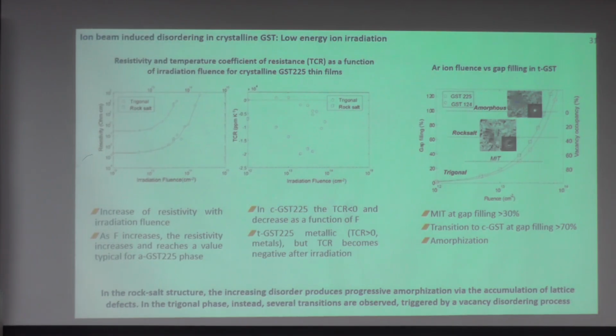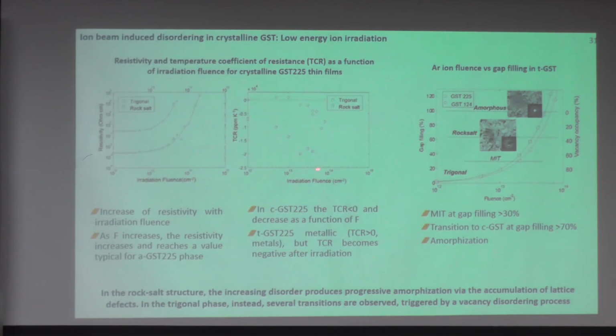Also we can observe the transformation from metal to insulator. Again, if you start with the trigonal phase, already it behaves like a metal, and by ion irradiation with particular fluences, this structure transforms to the insulator, confirming this result.